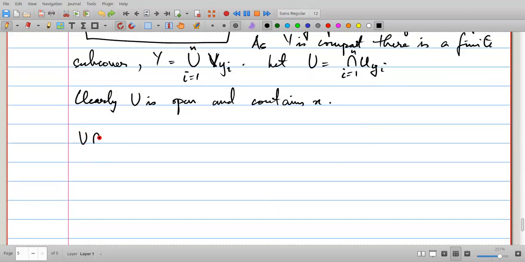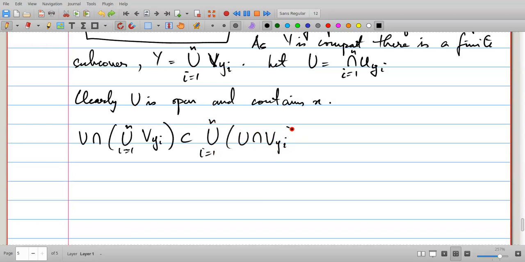So U intersection the union over i equal to 1 to n of Vyi is contained in the union of U intersection Vyi, which is contained in Uyi intersection Vyi. But each of these is empty, so this is empty.